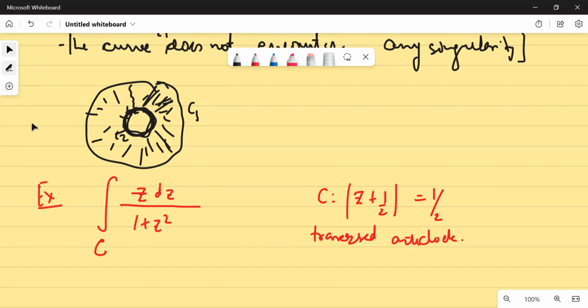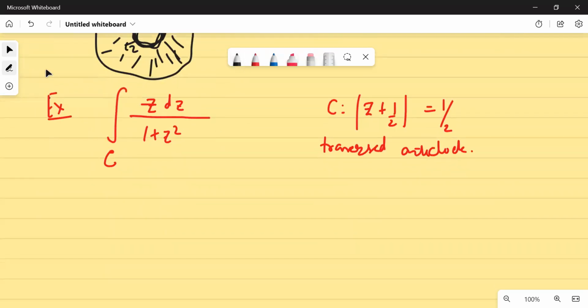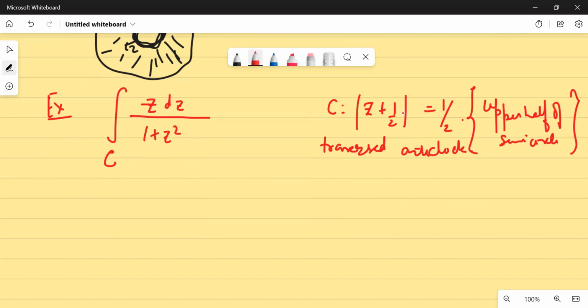I'm going to use only the principle of deformation of contours. Also, this is the upper half of the semicircle. So we are talking of the upper half of the semicircle given by mod z plus half equals 1 by 2, traversed in the anticlockwise direction, and the integral of z upon 1 plus z square dz is what is being asked.